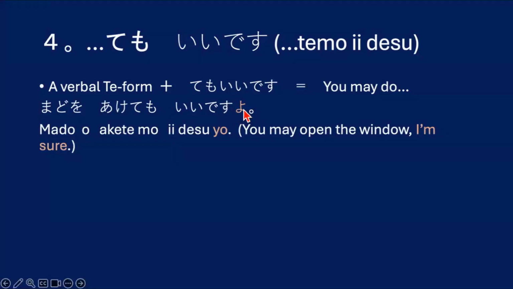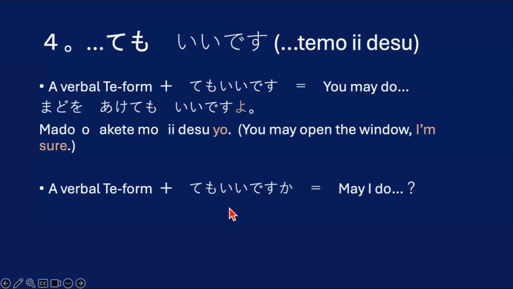And then by saying yo, I'm sure. Okay, it's okay. But if you change, let's say, yo to ka, now it's a question. So now, is it okay if I do something? So you're asking for permission. 窓を開けてもいいですか?